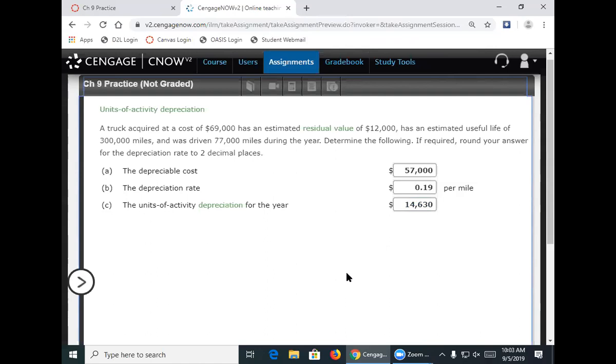Then each year, we would just look at how much it was actually used and multiply it by that depreciation rate. So the second year, if we drove it 60,000 miles, we wouldn't have to recalculate the rate. We would just take 60,000 times 0.19. So parts A and B are only calculated once, and then for every year, you would just calculate how much depreciation based on usage.